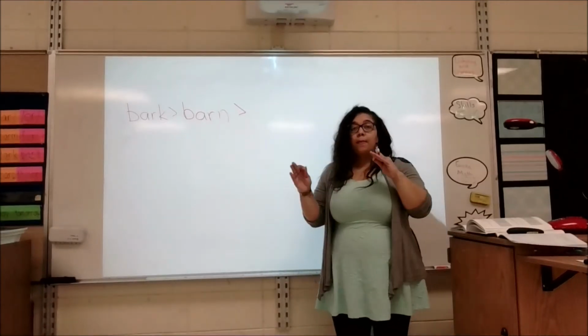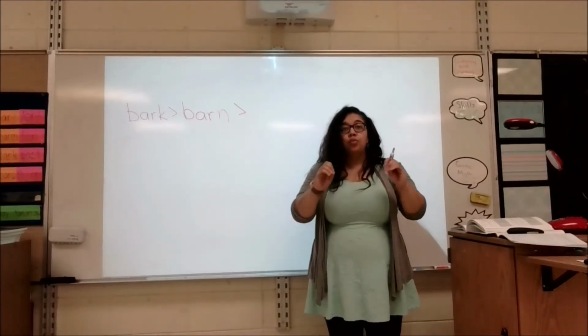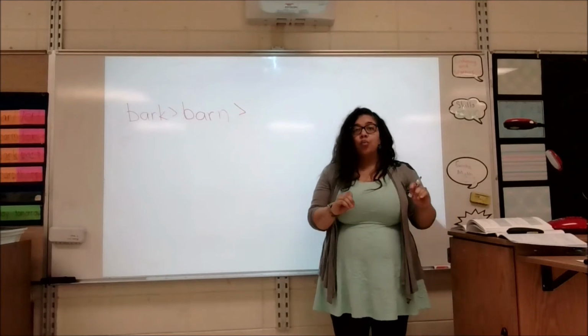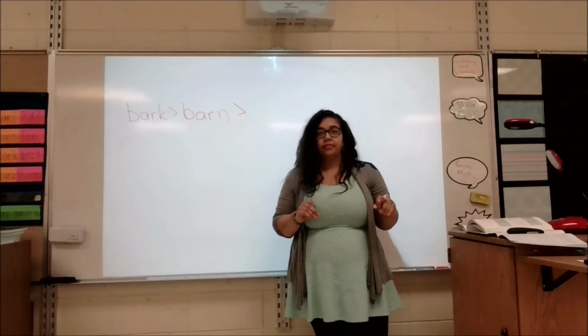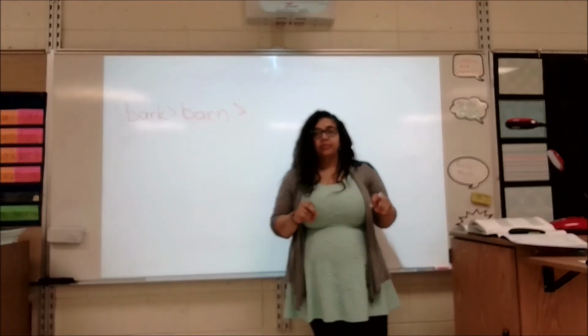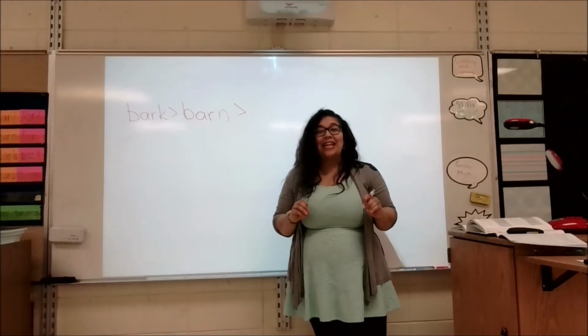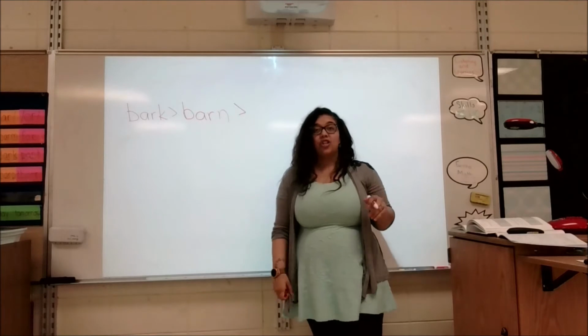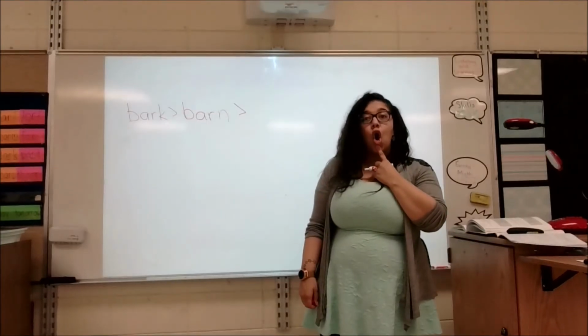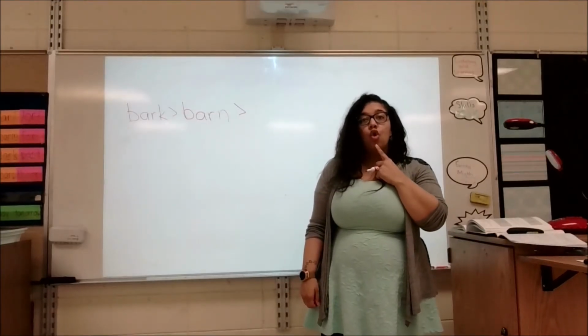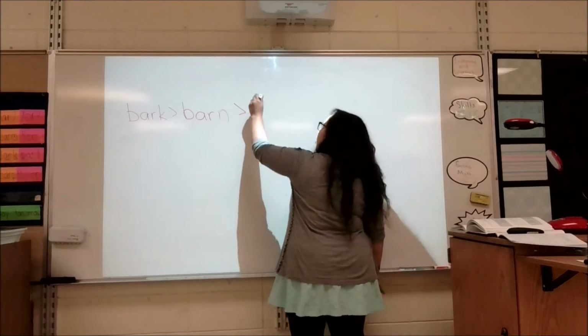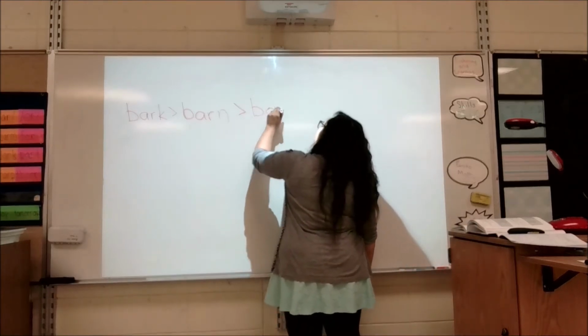Now, if I want to go from barn to born, what change am I making? Great job. Yes, that is a vowel sound change. I'm going from this vowel sound ar to the vowel sound or. So from barn to born.